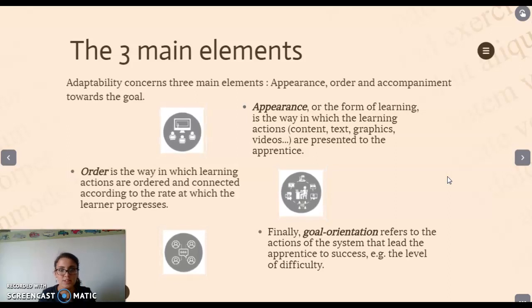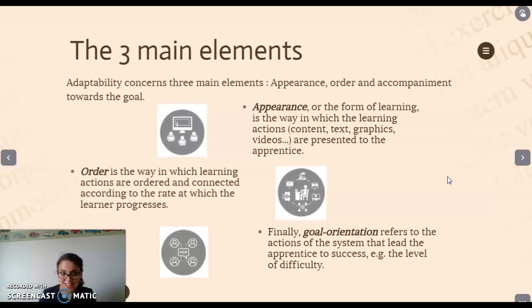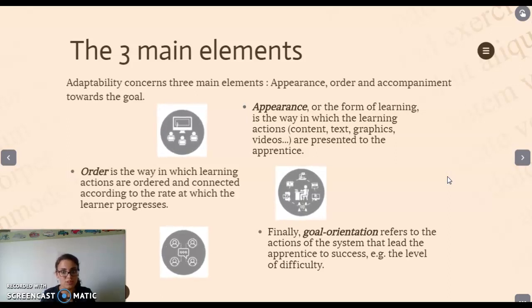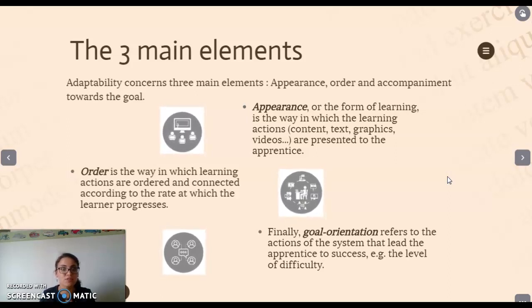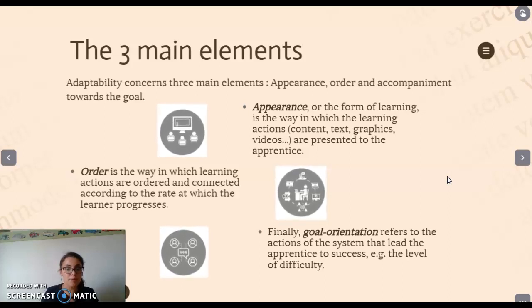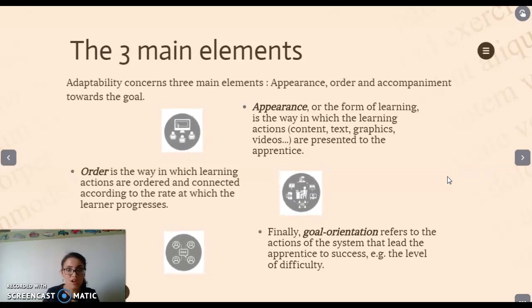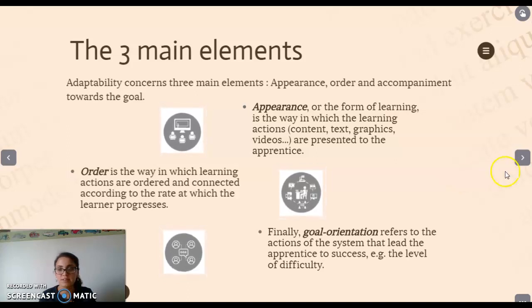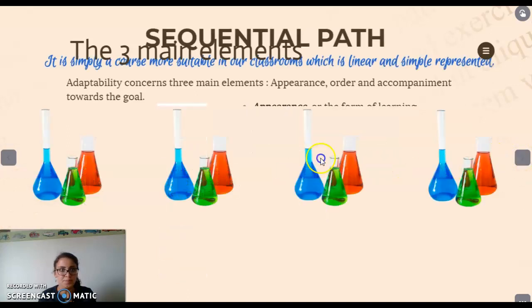We will see soon in the next slide. And finally, we have the goal orientation, which refers to the actions of the system that lead the apprentice, like first steps to the success, the level of difficulty. We will see after.